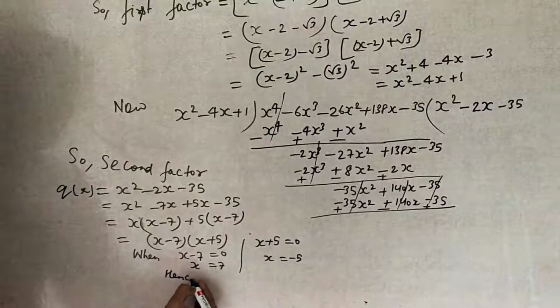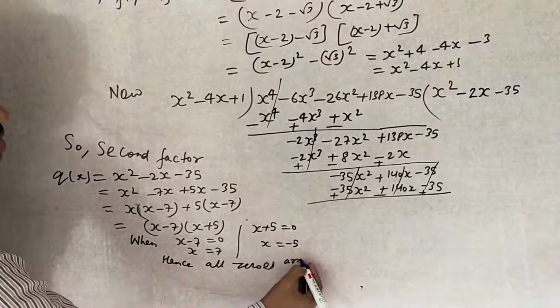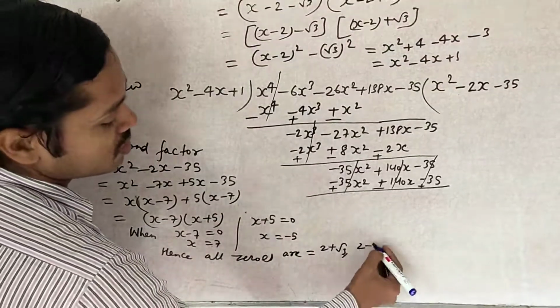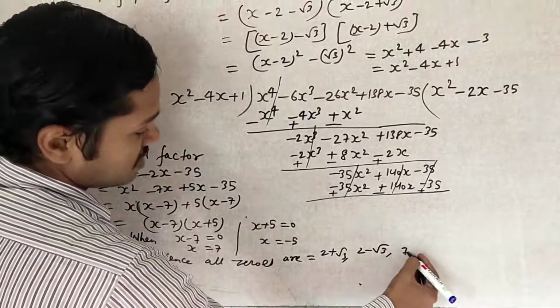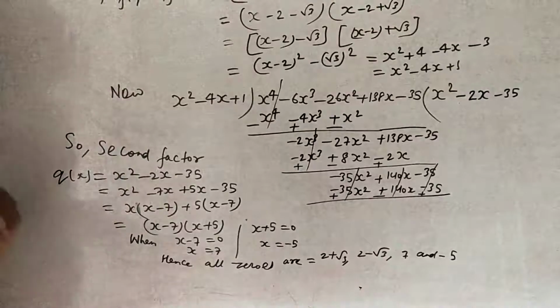Hence, all zeros are: look at the first one, 2 plus root 3, 2 minus root 3, after that 7 and minus 5. This question is over, all of you copy this question.